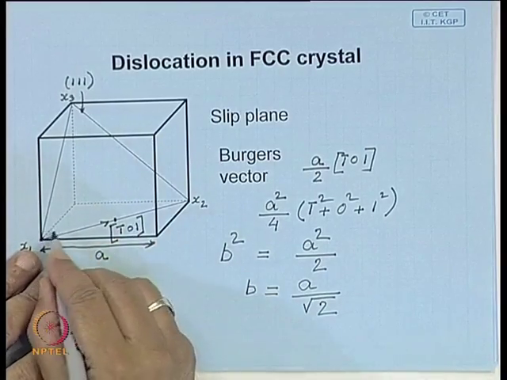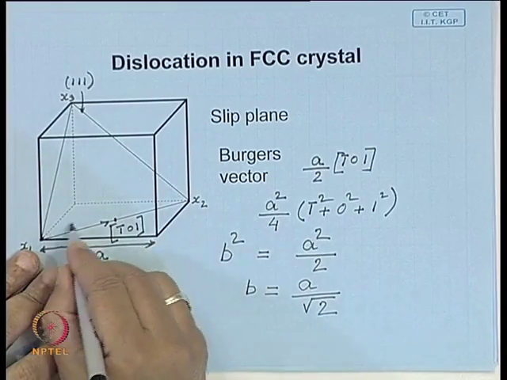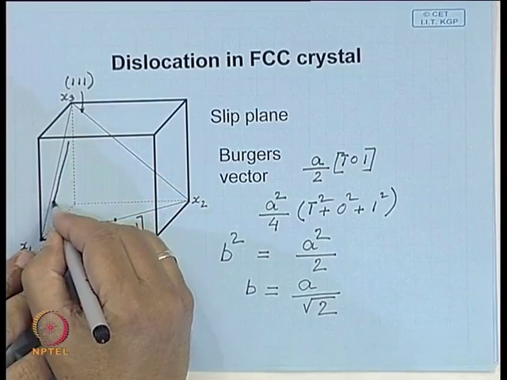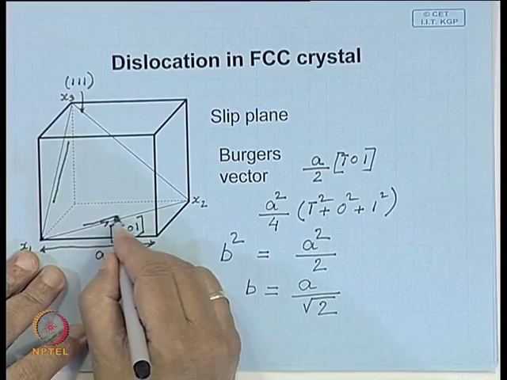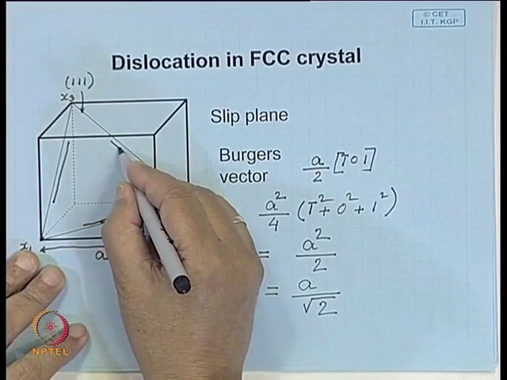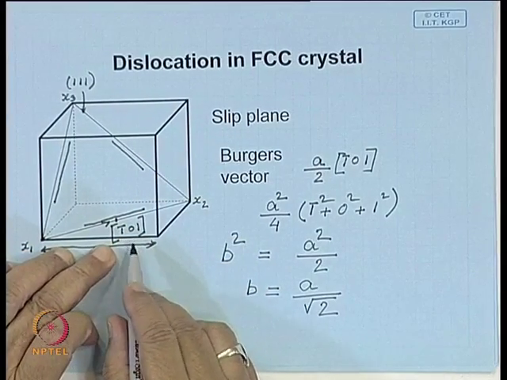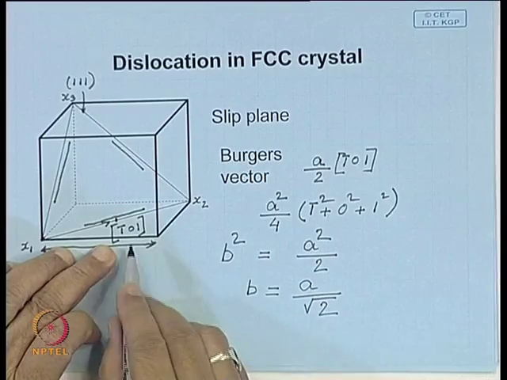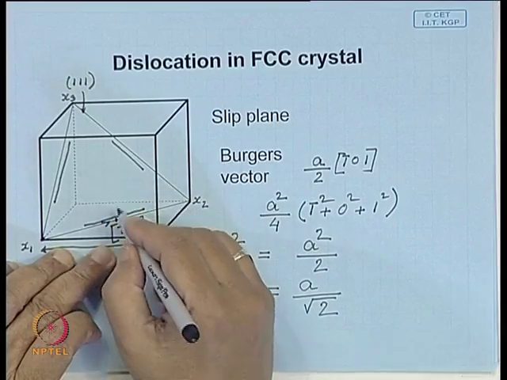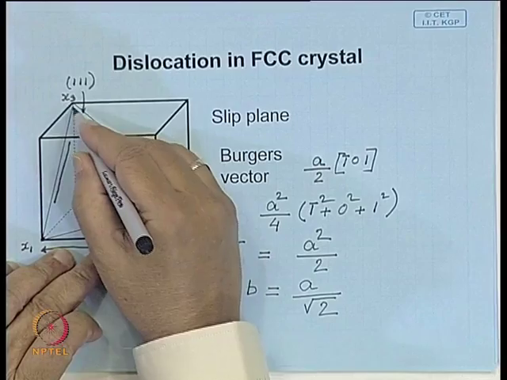A screw dislocation is lying along the direction of the Burgers vector. So, if a dislocation on this plane lies along this, it is a screw dislocation. But if it has to be an edge dislocation, it must lie in a direction which is on this plane, but it must be something like this.